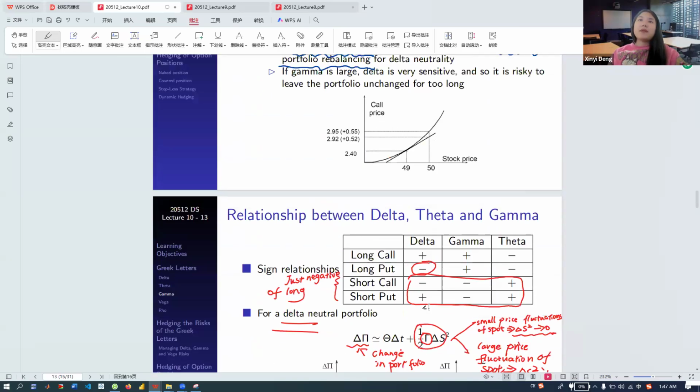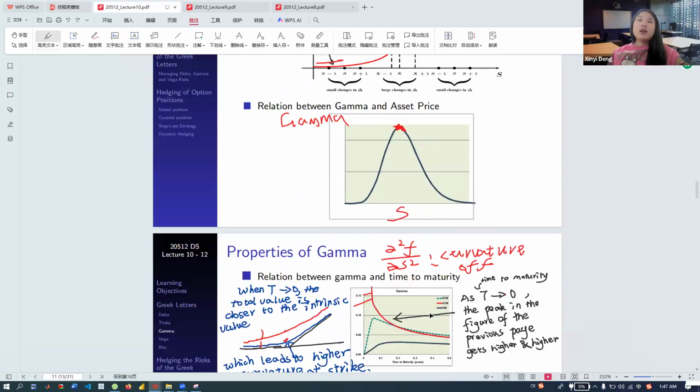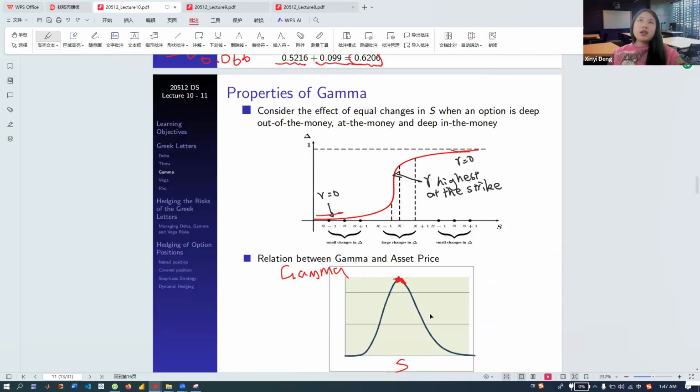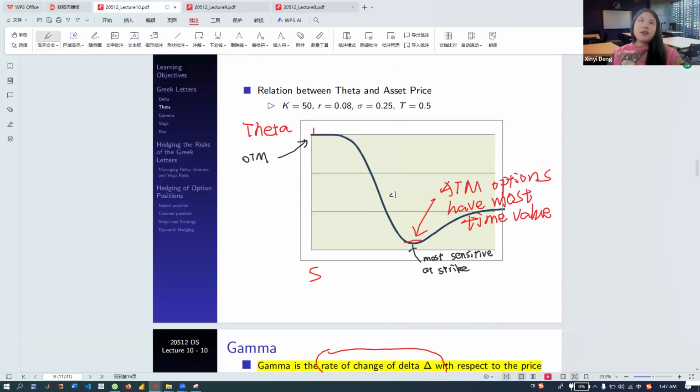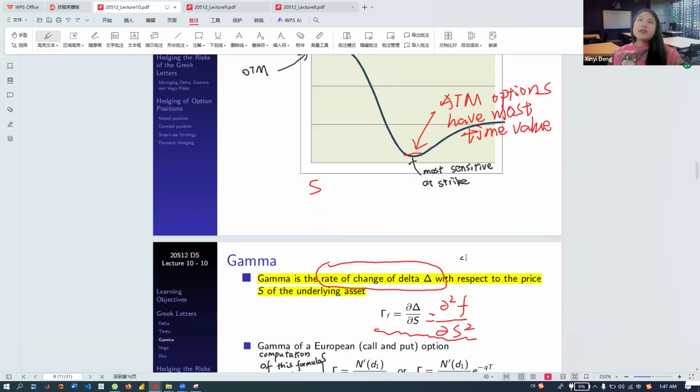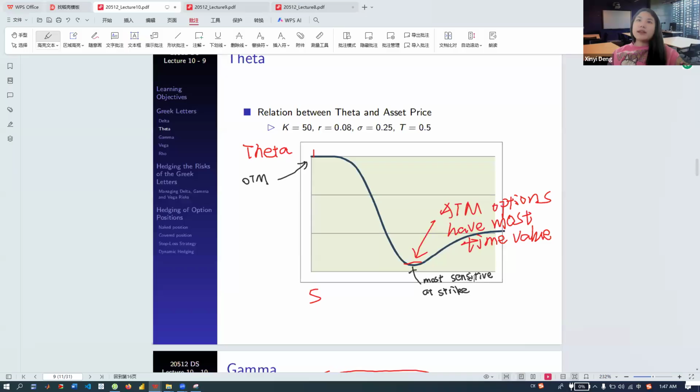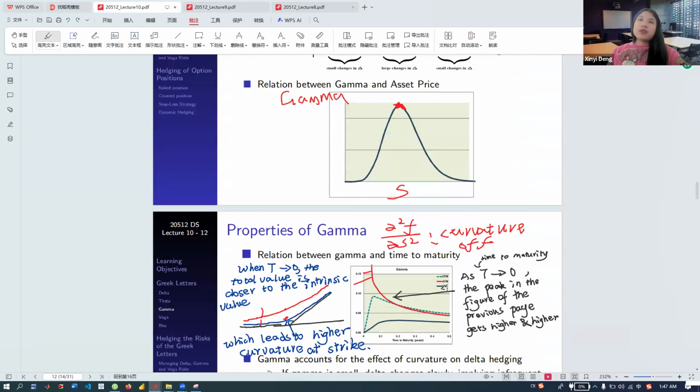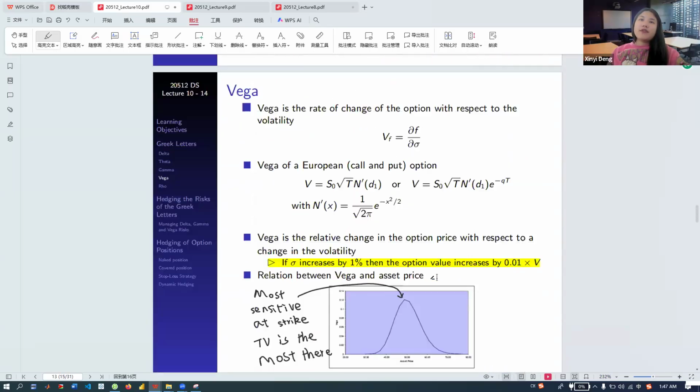As we described earlier, for theta, we already said that theta is most negative at the strike because at the money options have the most time value. So the same logic applies here.